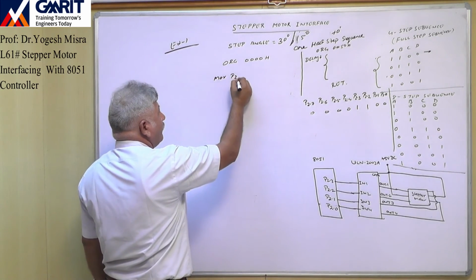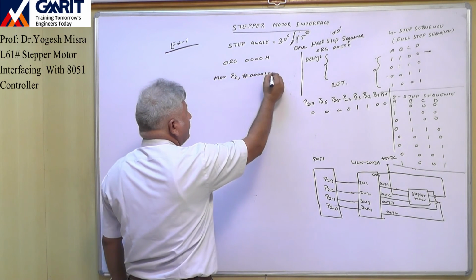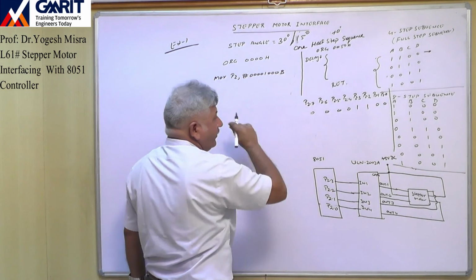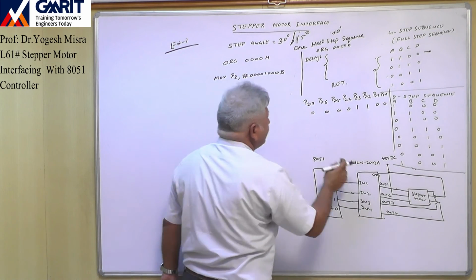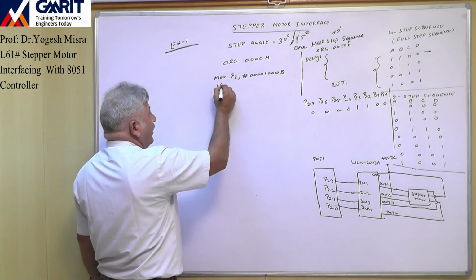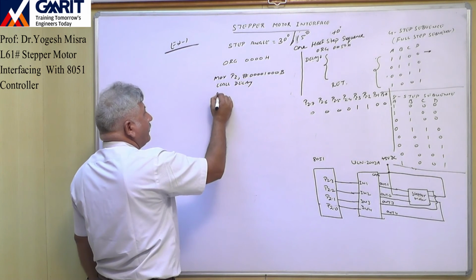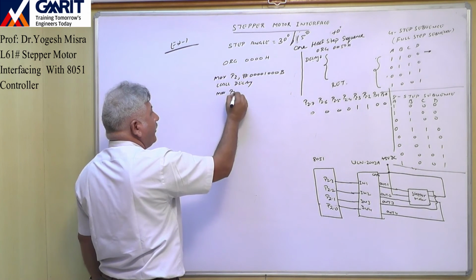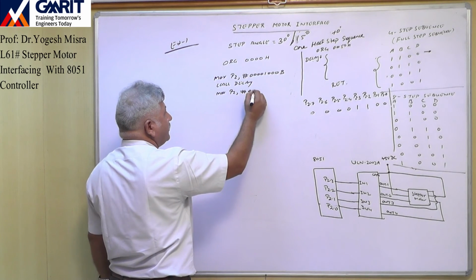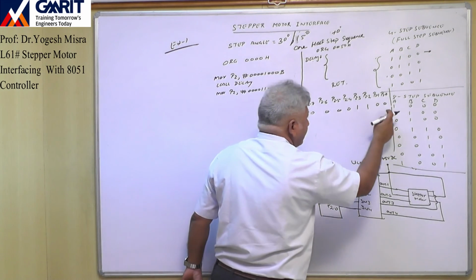Move P2 comma hash 0000 1000 B. This is the first sequence, 1000 B. Then I'll call delay. Then move P2 comma hash 0001 1000 B. This one.